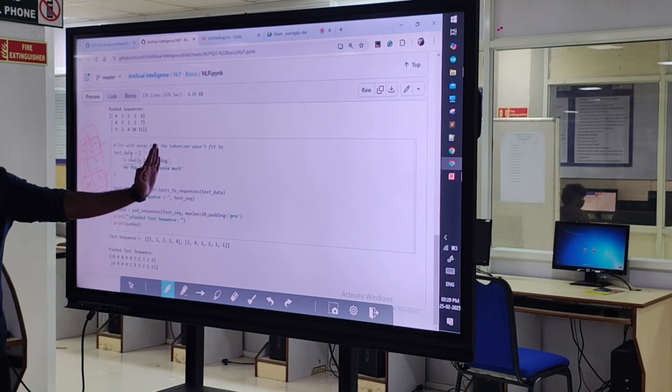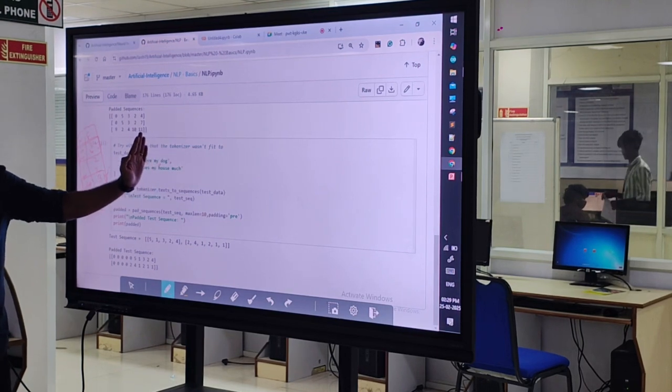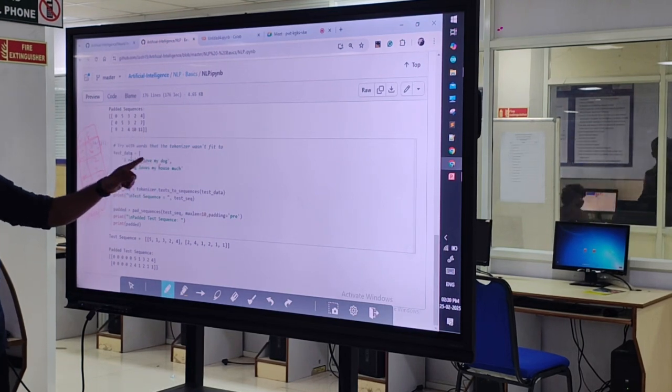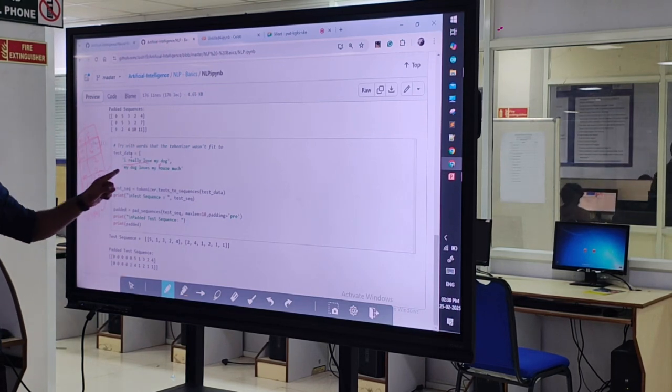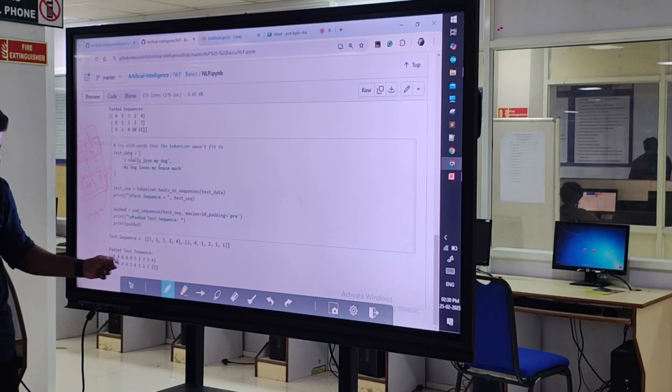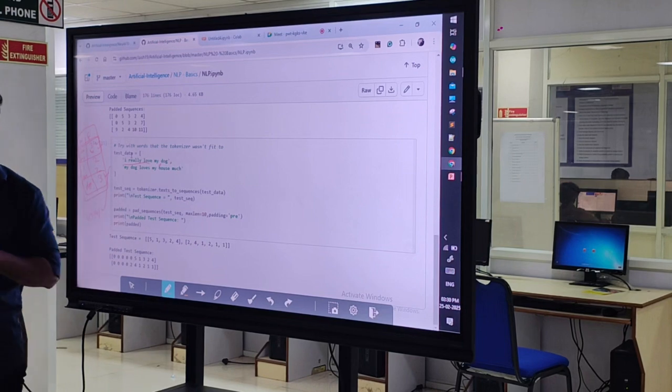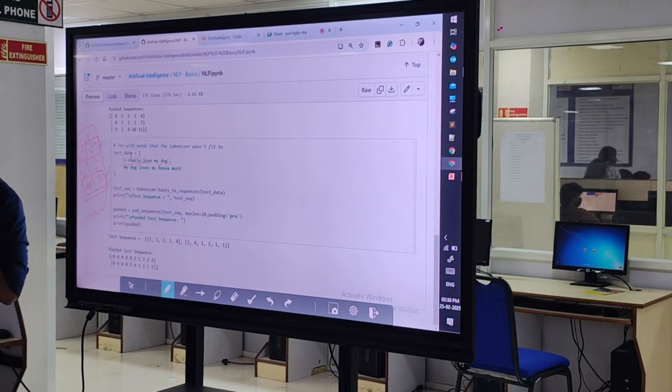So 5 values are there, and I want to make the length 10, so with pre I get 5 zeros before the 5 values. And here 6 characters are there, so to make the padding length 10 with pre padding. Okay, so this is a simple thing to understand.